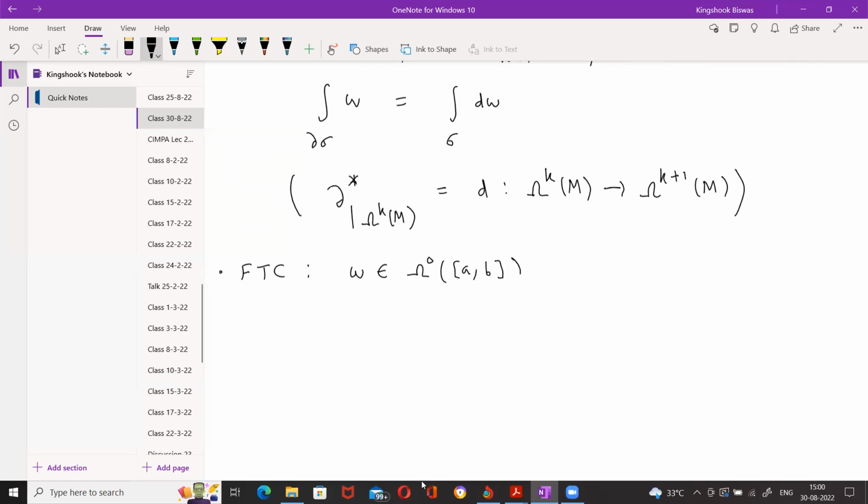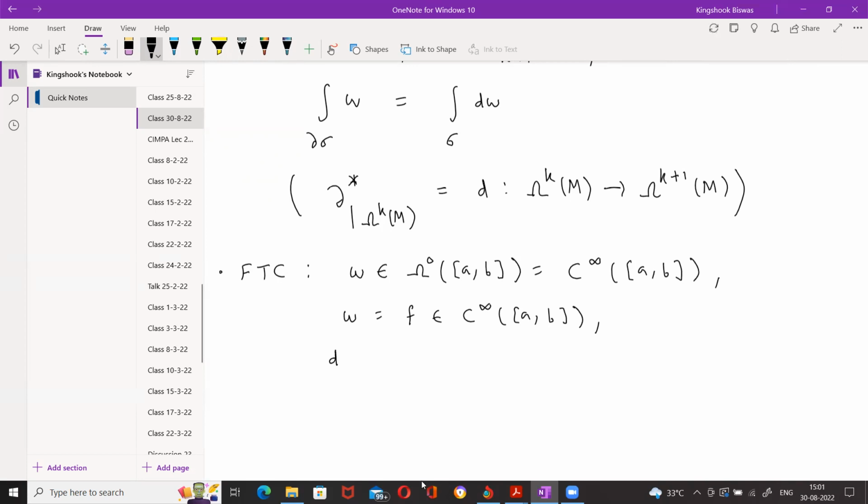Zero forms are just functions, so this is a smooth function on AB. Omega is equal to a function f. And so what is d omega?